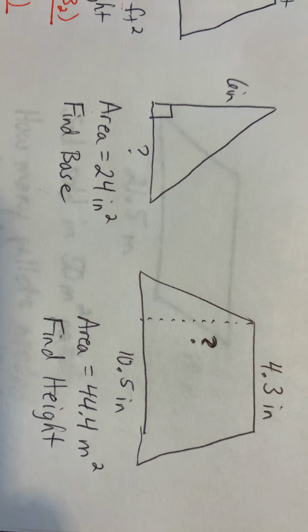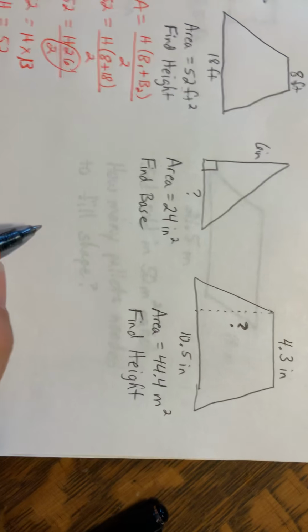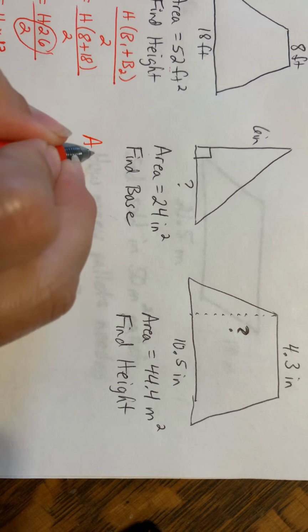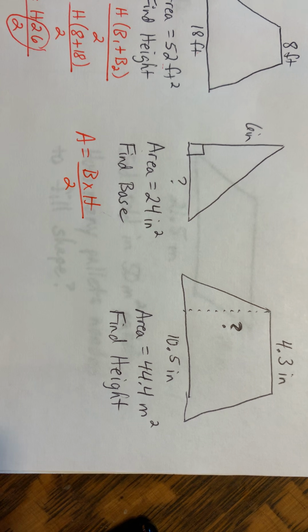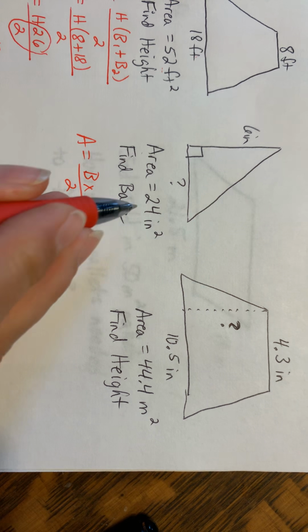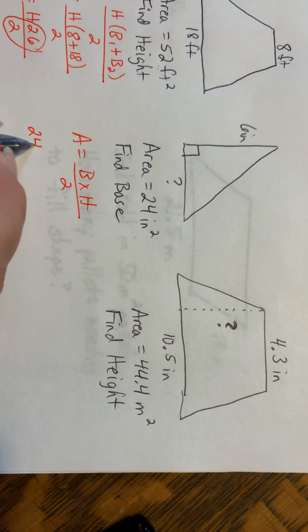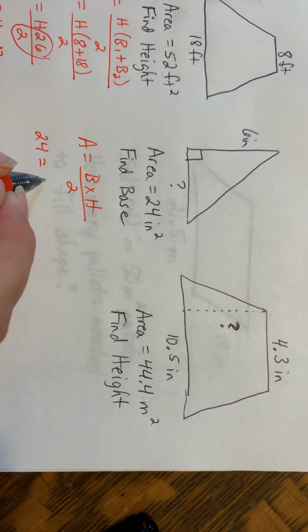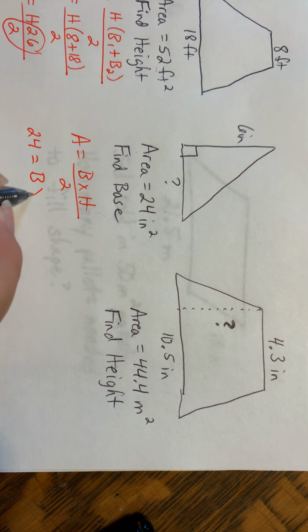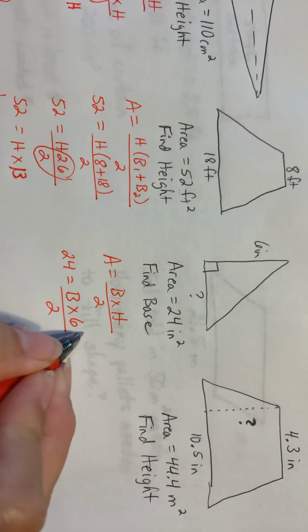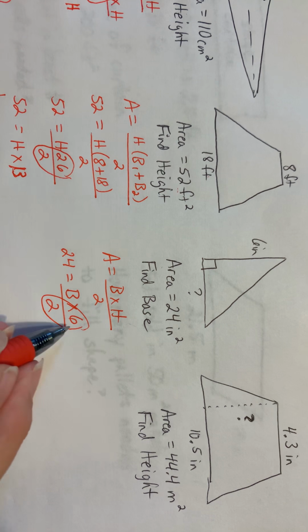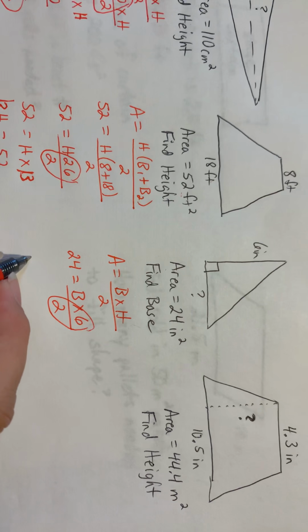All right, hope you guys have worked these out. Let's see what you did. I'm going to start by writing my formula. Area equals base times height over 2. I plug in what I know. My area is 24. My base, I don't know, but my height is 6 divided by 2. I'm going to go ahead and do 6 divided by 2, which is 3.